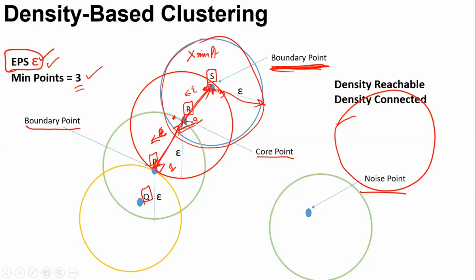Now if you take the region of point R, S and P are lying in the region of R because the distance between S and R is less than or equal to epsilon. This is the key point: a core point is such that you have more than or equal to the minimum number of points.